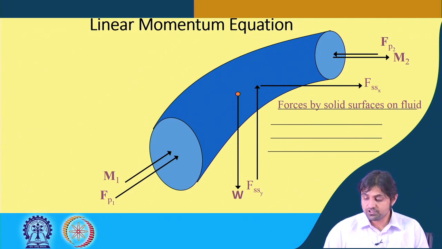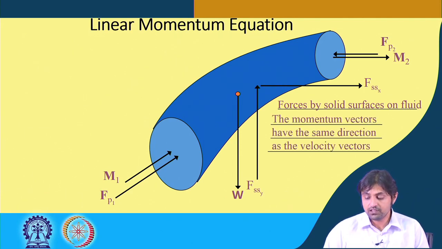These are the forces by the solid surface on the fluid, and the momentum vectors have the same direction as the velocity vectors. Whatever the direction of the velocity is, the momentum will be in the same direction.